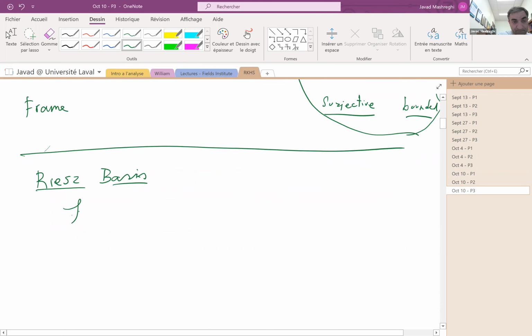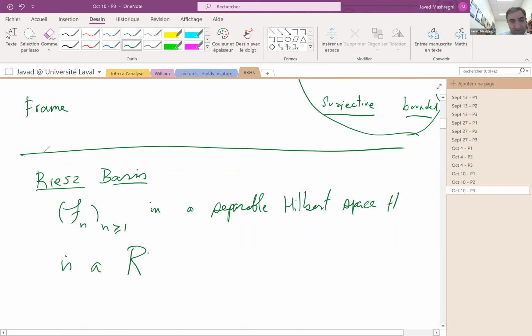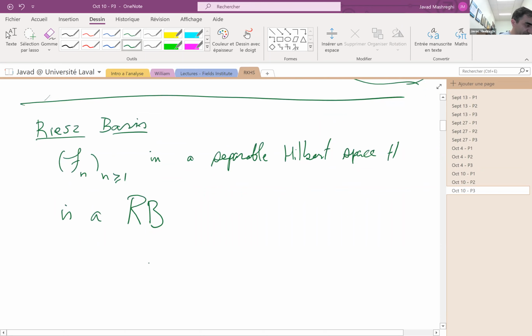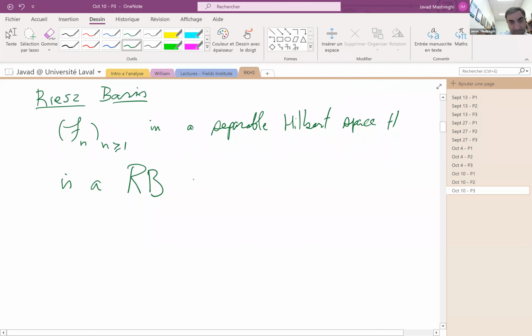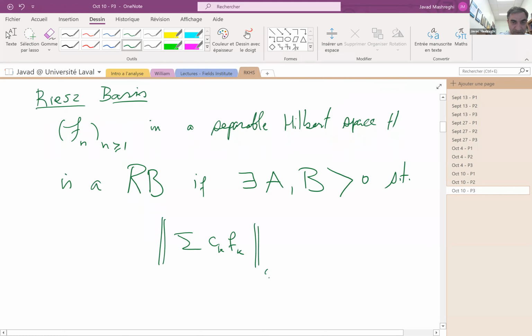So Fn, n bigger than or equal to 1, in a separable Hilbert space H is a Riesz basis if there are constants A and B bigger than 0 such that the sum of CK FK, the norm in H squared.